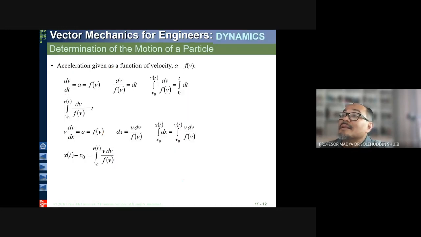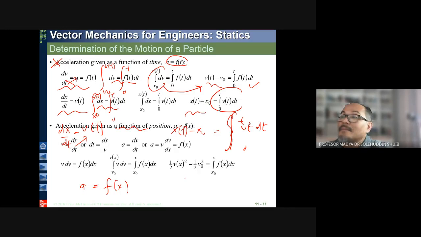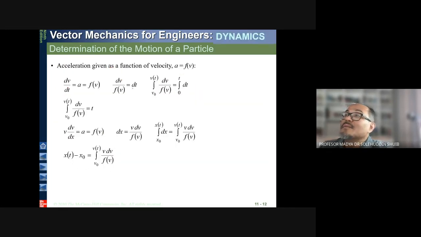The last case is acceleration as a function of v. Same thing, starting with dv/dt equals a, which is f(v). Then you integrate both sides, and you will get the value of x in terms of the integration of v dv over f(v).